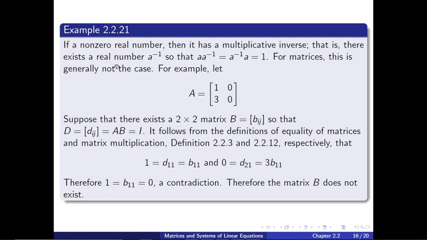So what it means is there exists a real number A inverse, so that A times A inverse is equal to A inverse times A, which is equal to 1. For matrices, this is not true, and we pick an example of a matrix, which is a counterexample to the property.